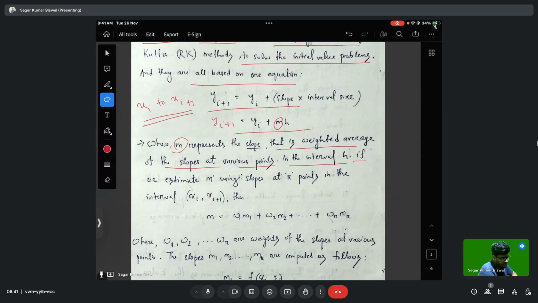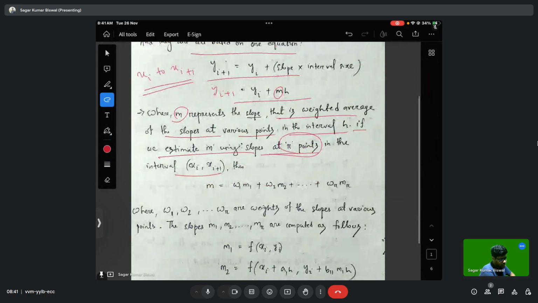So if we estimate m using slopes at r points, where we take the slope in the interval x_i to x_i+1, then this slope m will become omega 1 m1, omega 2 m2, up to omega r mr, right? This m1 is the slope at point 1, m2 the slope at point 2, mr the slope at point r.